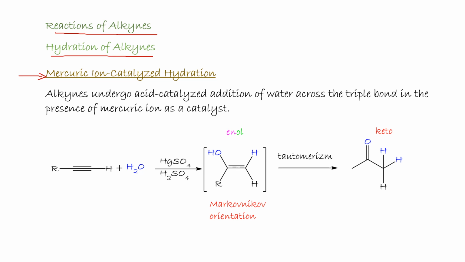Alkynes undergo acid-catalyzed addition of water across the triple bond in the presence of mercuric ion as a catalyst.